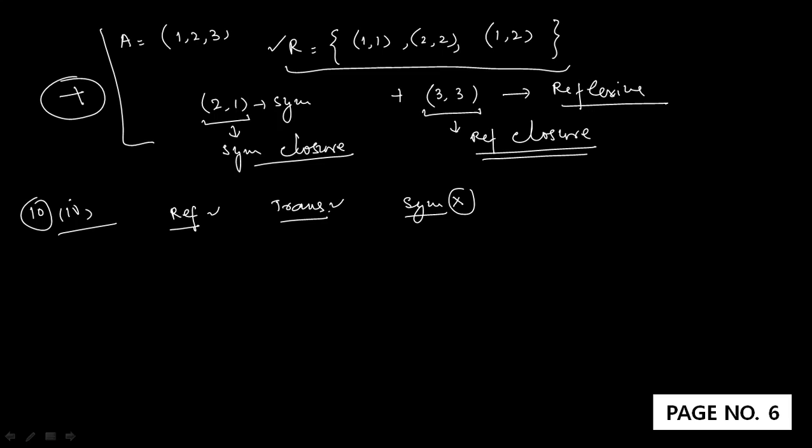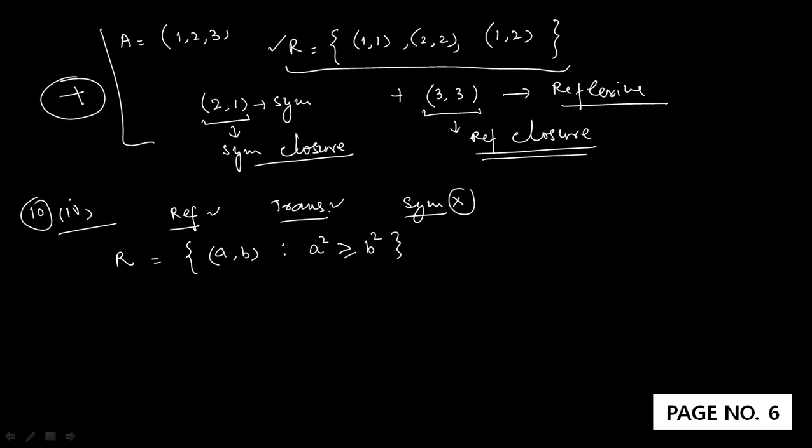Okay. Suppose I am designing the relation like (A, B) such that A square greater than or equal to B square. Suppose it's like this.